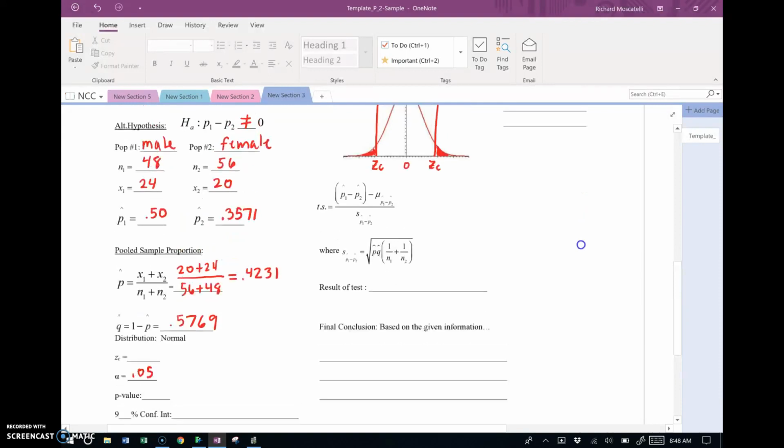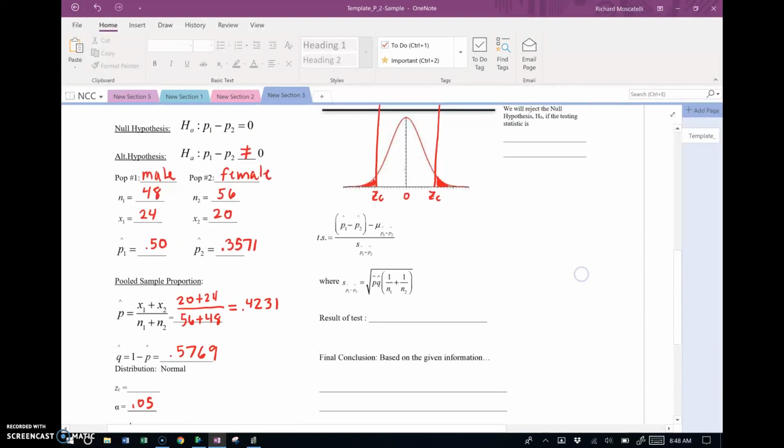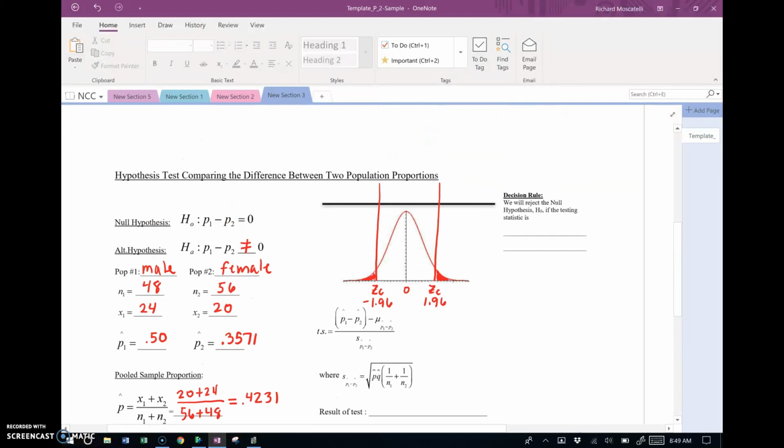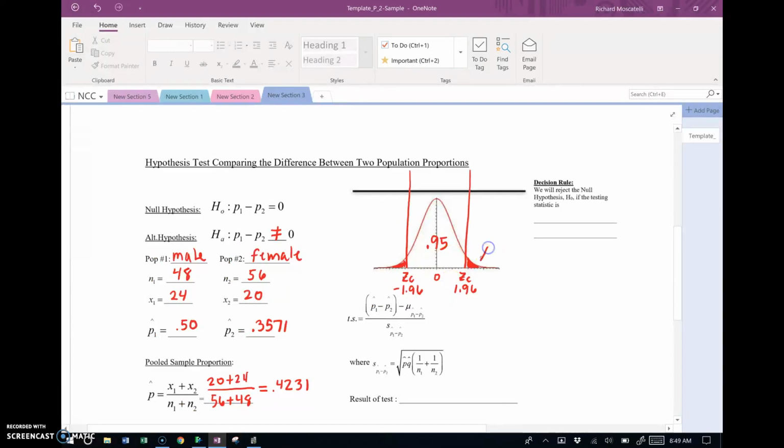If you go to your z-score table and grab the two-tailed 5% z-score, those are plus and minus 1.96. I'll label my picture over here. Remember, this is 95%, and those shaded critical regions are each alpha divided by 2, which is 0.025.